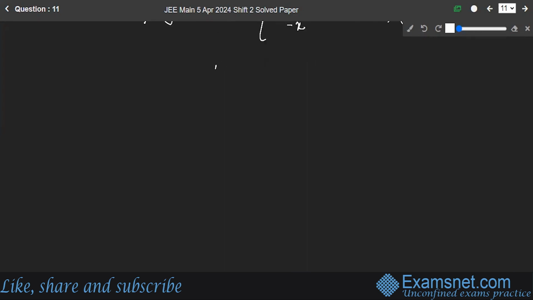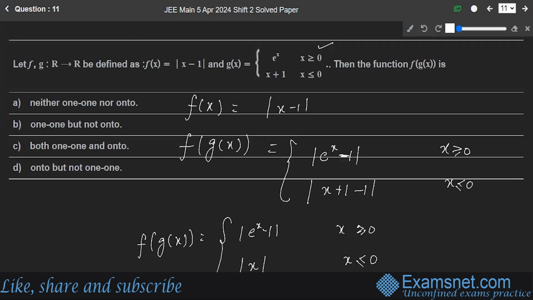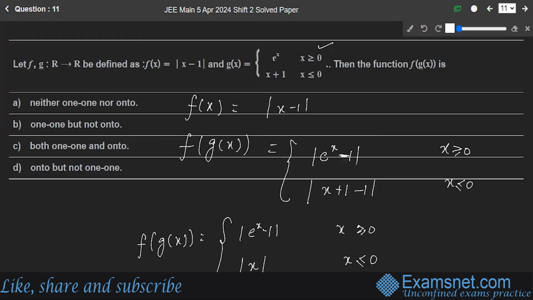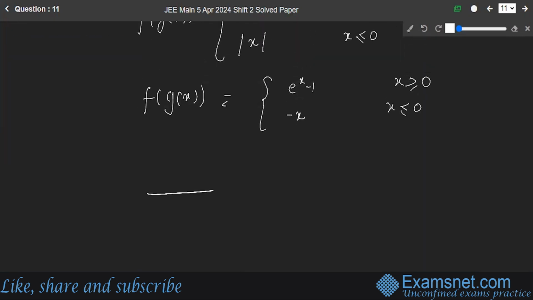Right? How will it look like on the graph? This is your coordinate axis. Okay, this is your graph. And minus x, this line will go something like this. This is minus x. And e raised to power x minus 1, this line is this.